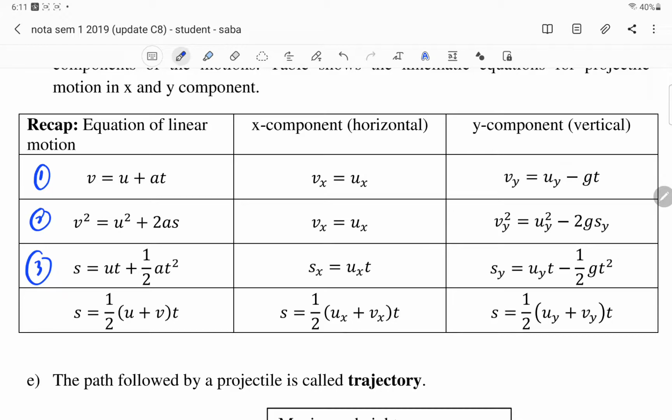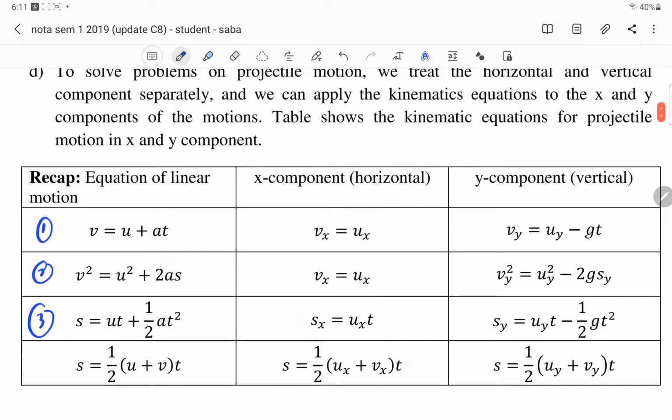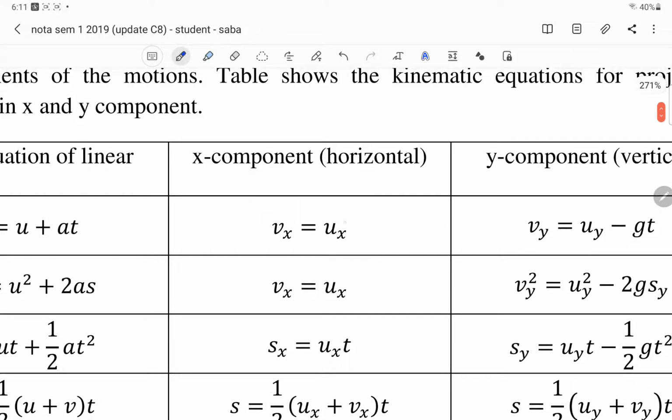Okey, di mana kita mesti ingat for projectile motion, X component adalah constant velocity, di mana velocity at any point is always equals to Ux, is always equals to U cos theta.